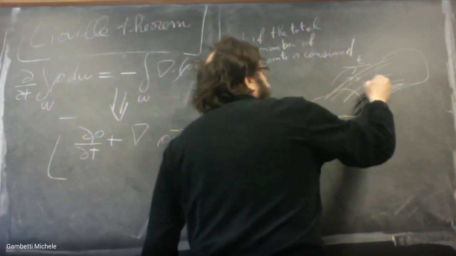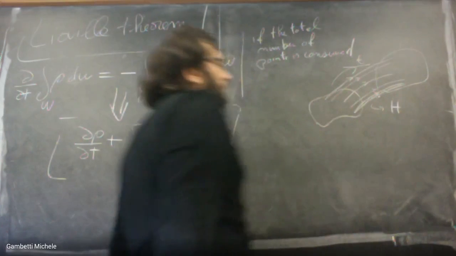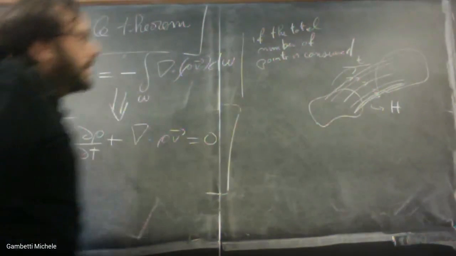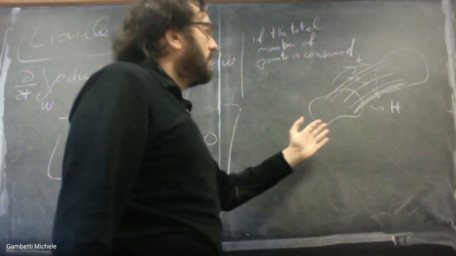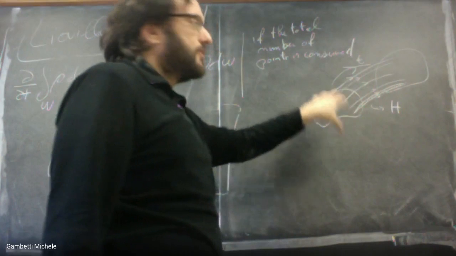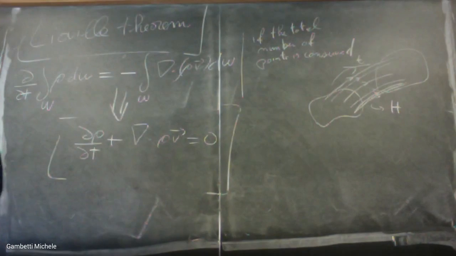So all of these points will evolve under the Hamiltonian equation. Okay? And of course, what enters this volume cannot exit, in such a way that the total number of points is the same.